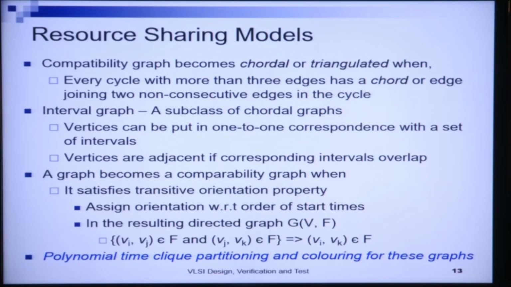So, I am given a compatibility graph and I want to find out, is this compatibility graph a chordal graph? How do I find out? If I see that each cycle of more than 3 edges in my compatibility graph has a chord joining non-consecutive vertices in the cycle, then I can say that my compatibility graph is a chordal graph.